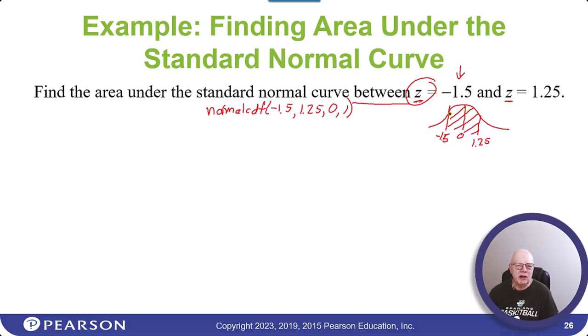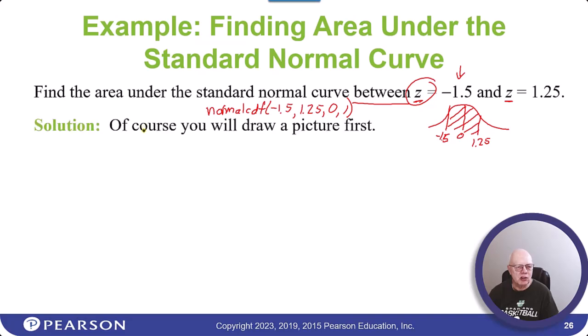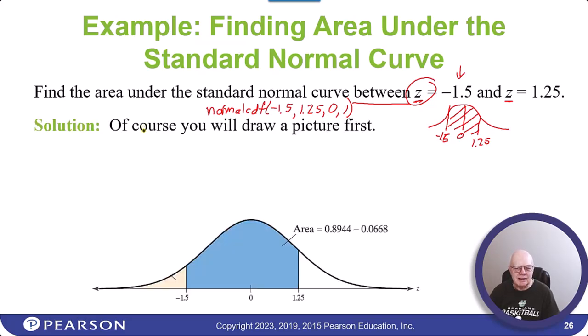Let's go to the calculator. We're familiar with it now. We can do that. So draw that picture. There's your picture. Now, ignore this. This is what you would have to do if you're using tables. You don't have to use tables. All you need to know is from the picture again, there's the lower bound.